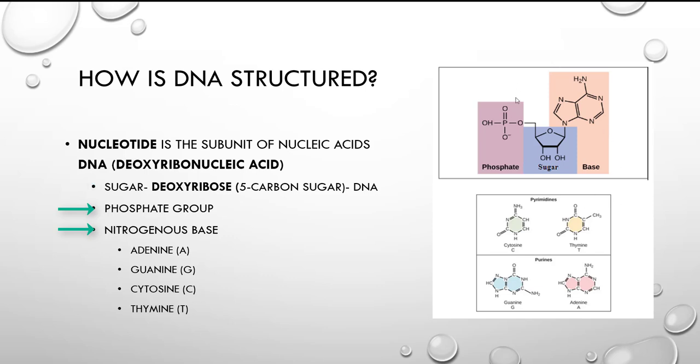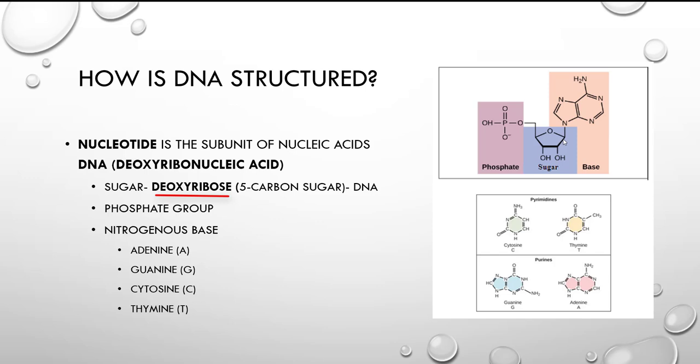And you can see in this figure, which is from the textbook, that the sugar group is in the middle, and then we have the nitrogenous base, and the phosphate group on either side, okay? And you can see that the sugar in DNA is deoxyribose, a 5-carbon sugar.